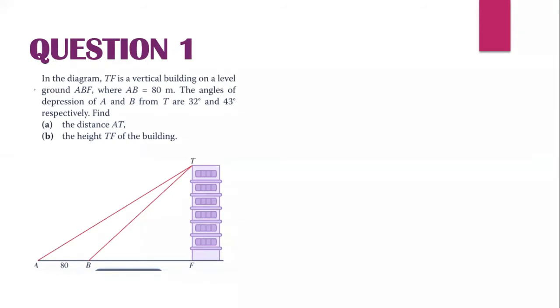The angles of depression of A and B from T are 32 degrees and 43 degrees respectively.